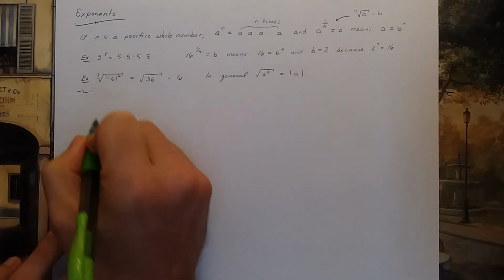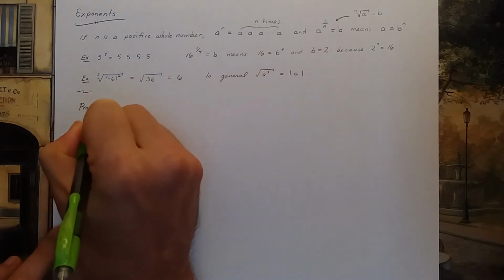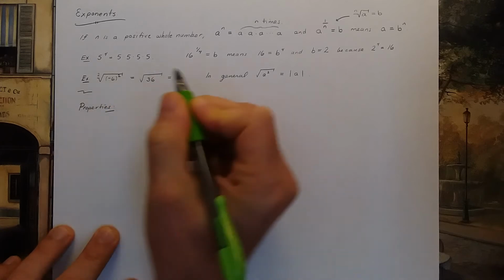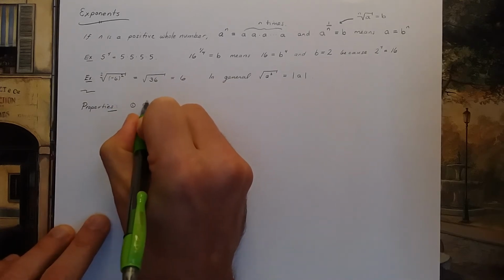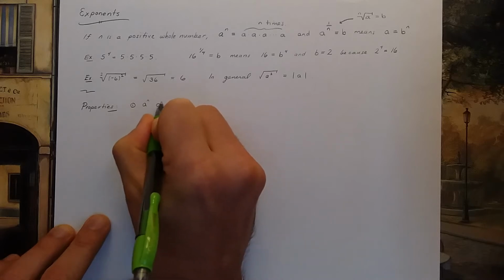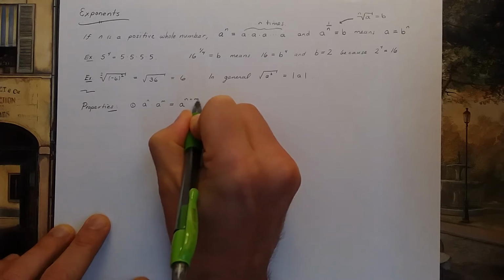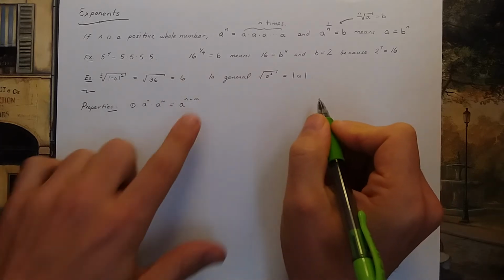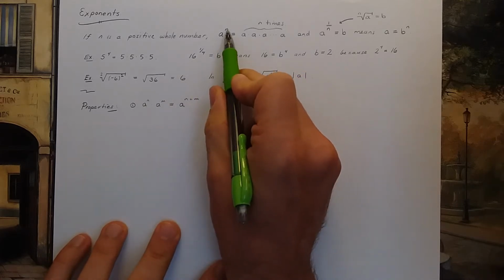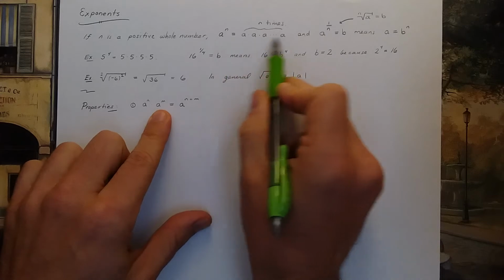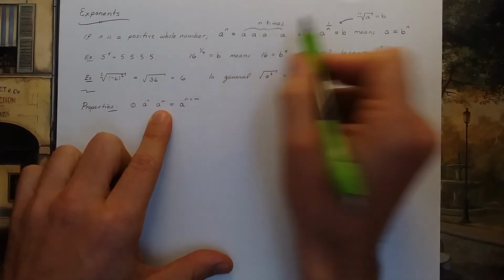So let's write down some basic properties of exponents. Property 1 is if I have a to the n power times a to the m power, I add the exponents, a to the n plus m power. This is because if I'm multiplying a n times and then a m times, the total number of multiplications is therefore n plus m.